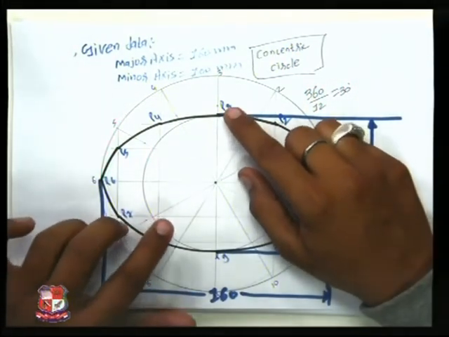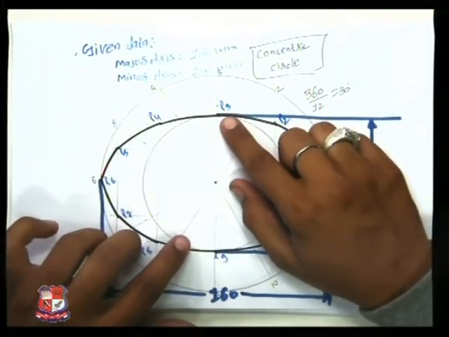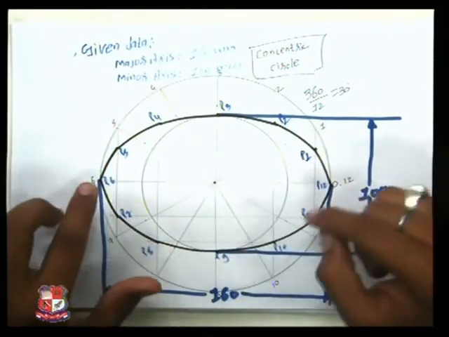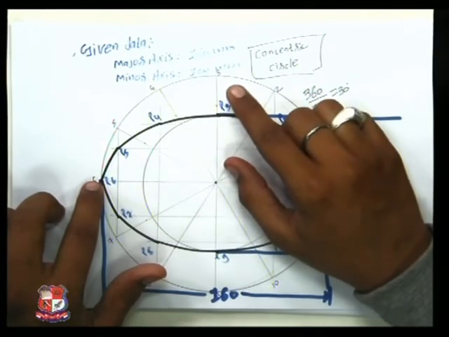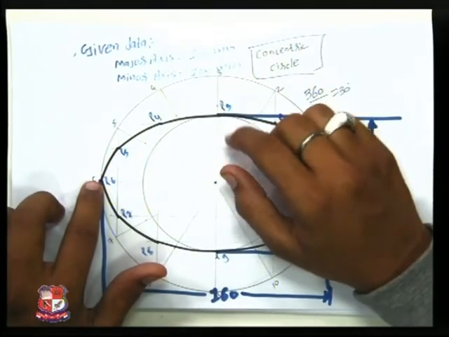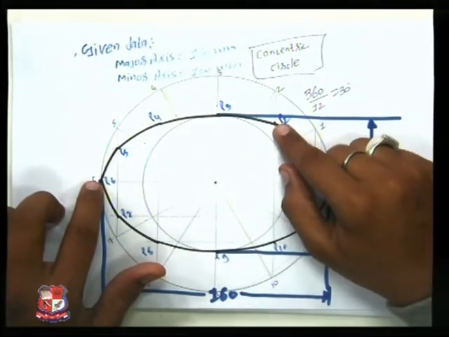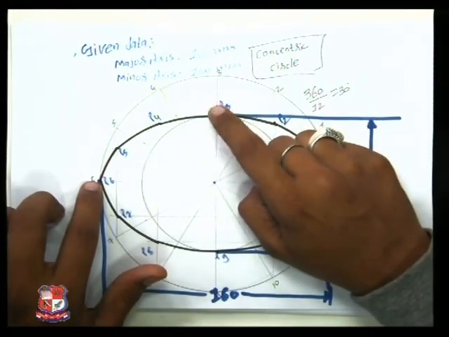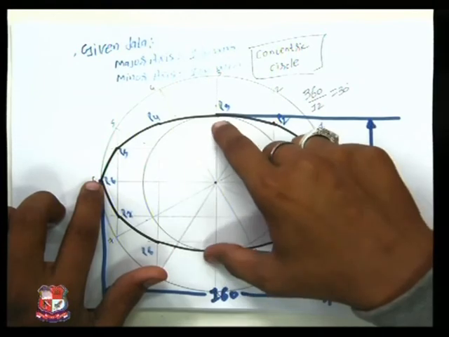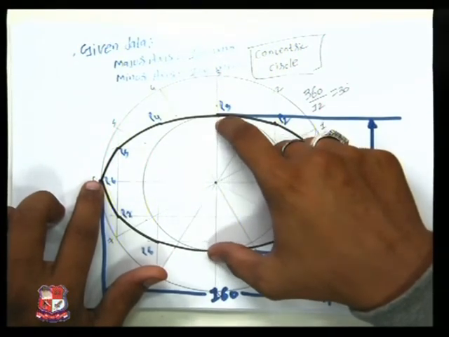Somebody will be wondering why I have marked P3 and P9, P6 and P12 over here. We need to take into consideration the major axis and minor axis also. We have got P2, but we need to maintain that minor axis, so we have taken the two outermost portions of this circle.